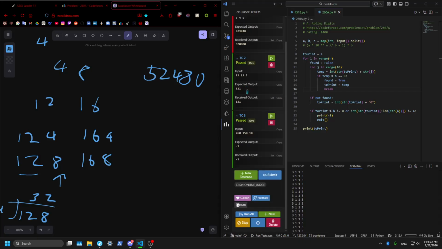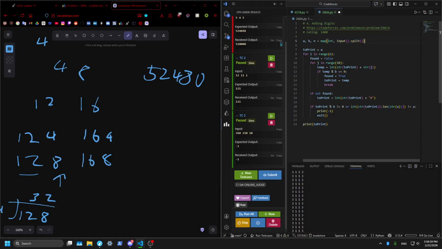Okay, this seems to work for these. Now this is O(n squared), right? Because it's a double for loop. But it's only to 9, or it's like 10n.